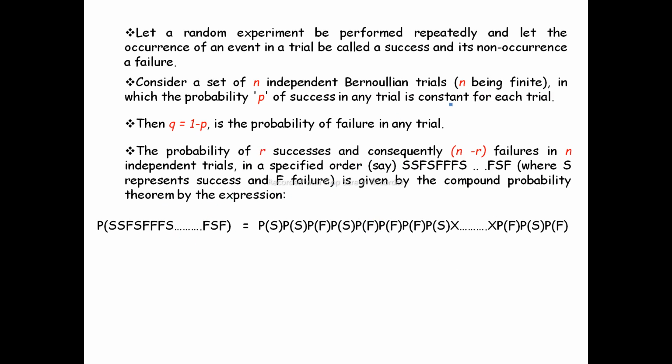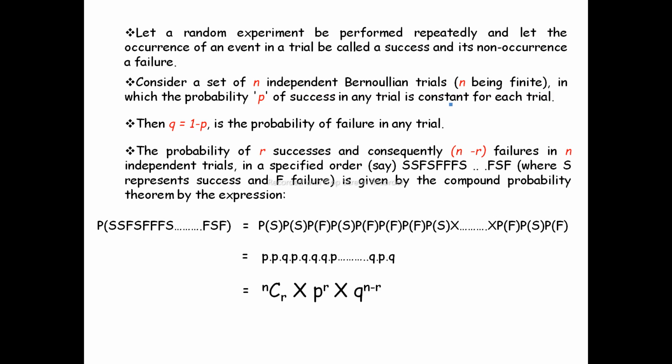Whenever there is probability of success we denote it as P, and whenever there is probability of failure we denote it as Q. When we go on simplifying these things, we get an equation: n combination R multiplied by P to the power of R multiplied by Q to the power of n minus R. Here we know all the terms.